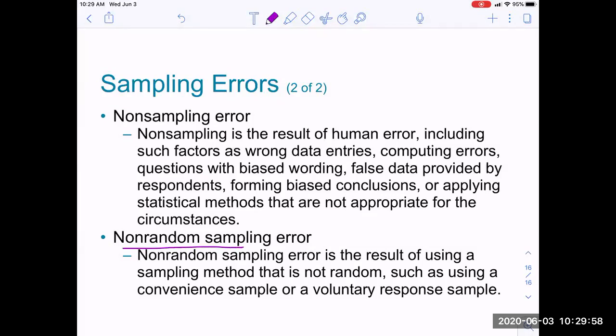Usually it's the non-random methods, like systematic, convenience, things like that, that make a study not worthwhile. And of course, there's always human error. I do it, you'll see it all the time. I'll type wrong numbers or input stuff wrong, and of course that will make my statistics wrong.